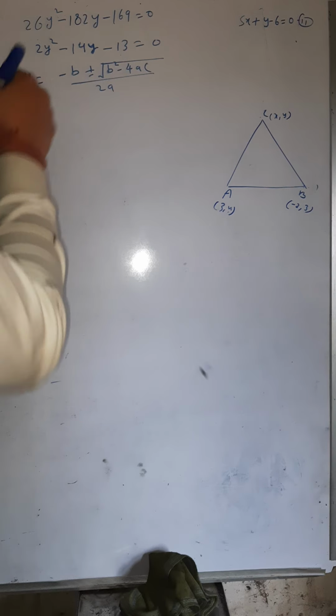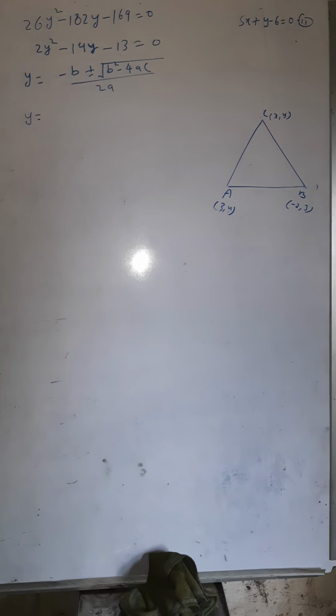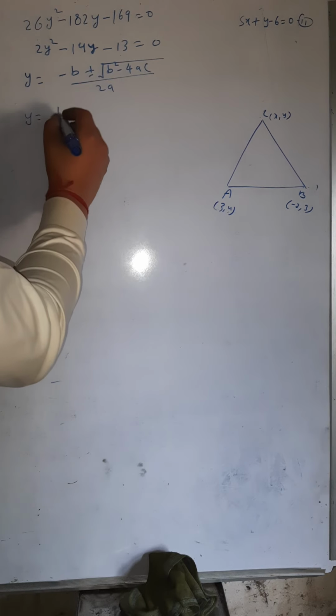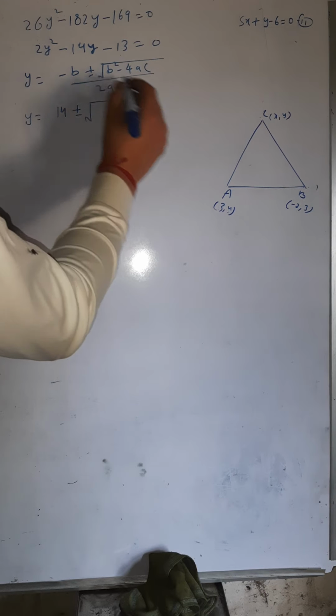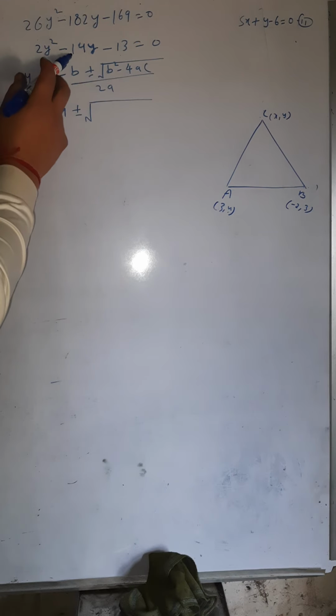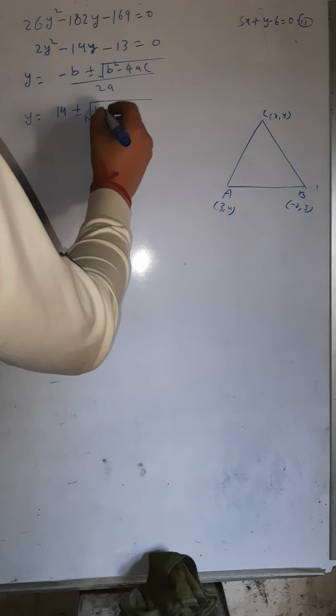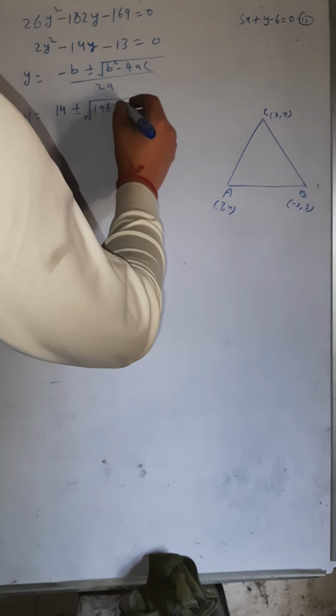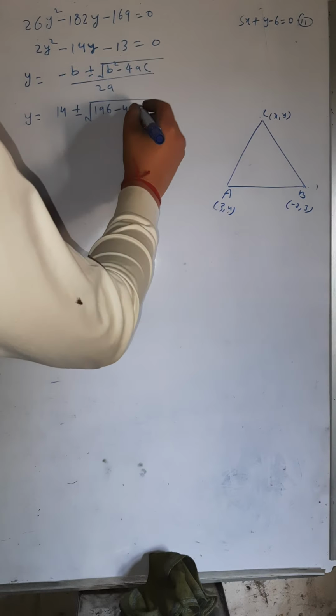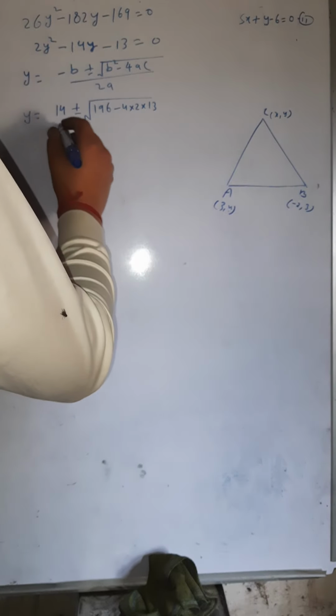So let me put the values in now. y will be equal to, in place of minus b, minus minus 14, so it becomes plus 14, plus minus under root b square. Minus 14 square is 196. Minus 4ac: 4 multiplied by a, which is 2, and c, which is minus 13.